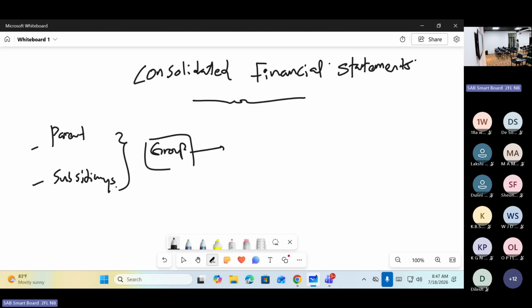Once you are doing consolidation, the main pre-acquisition adjustment is the goodwill calculation.